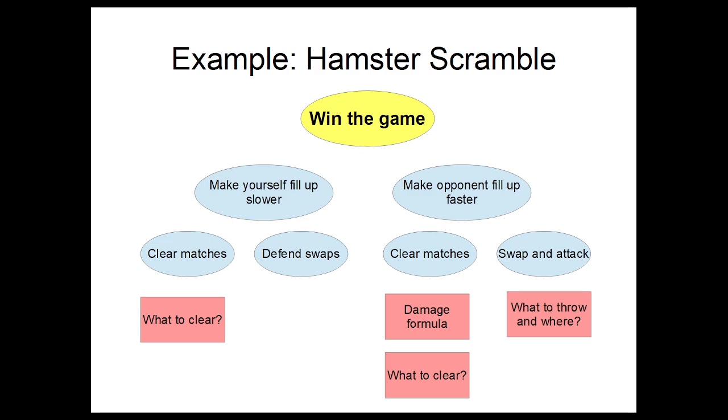So if I'm trying to figure out what I need to clear to make myself fill up slower, like if it's on the left side, I know I'm searching for something to make myself fill up slower. If it's on the right side, I know I'm searching for something to make my opponent fill up faster. So I can keep track of what it is that I need to figure out and where it fits in with the rest of the problem.